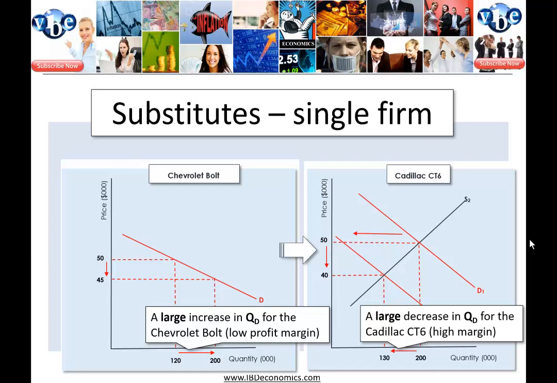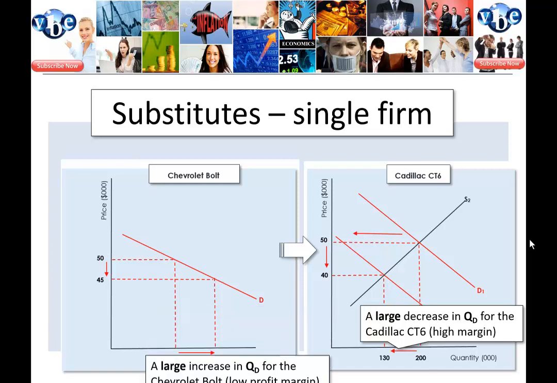So it's going to drive an increase in demand for the low profit Chevy Bolt if it discounts the price there, and the effect on other models, other products that the firm makes, is going to be a large decrease in this case. So there's no way General Motors, armed with its cross-price elasticity of demand information between the two products, is going to decrease the price of a low profit margin product, because that's going to negatively affect sales of a high margin product.